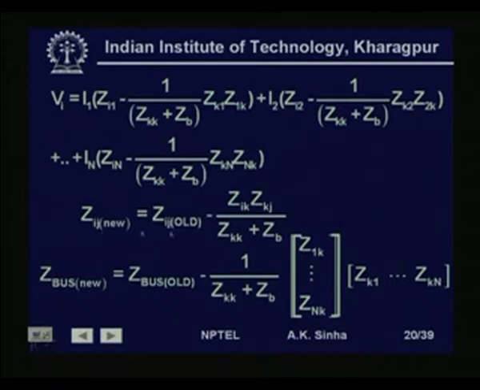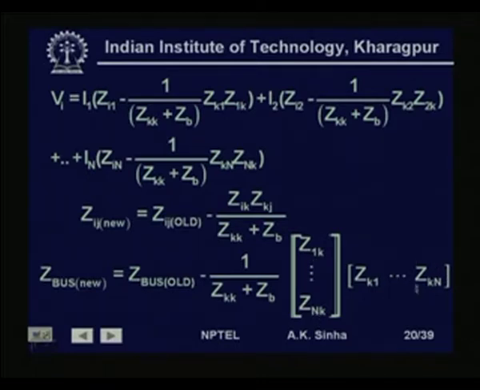So this is how we will get the new modified element, and if we want to write this in matrix form, then we have Z bus new is equal to Z bus old minus 1 by Zkk plus Zb into this column of Z1k to Znk, that is the kth column of the Z bus matrix, multiplied with the kth row of the old Z bus matrix.